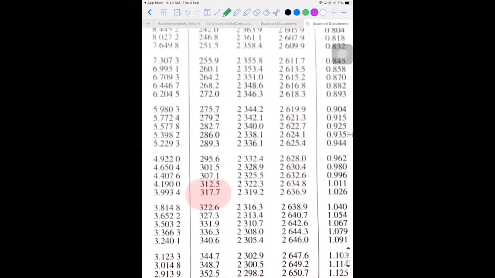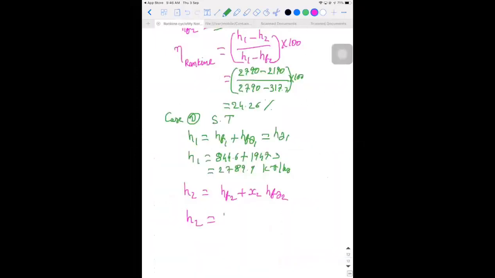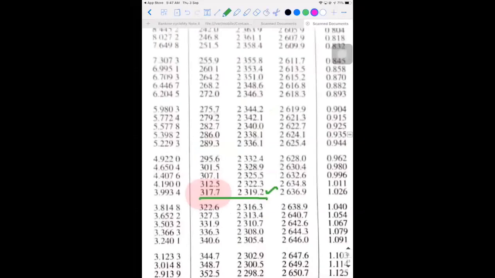Against 0.4 bar, this is the 0.4 bar. Now you will have these values: 317.7 is HF2 and HFG2 is 2319.2. So 317.7 plus X2 into 2319.2.